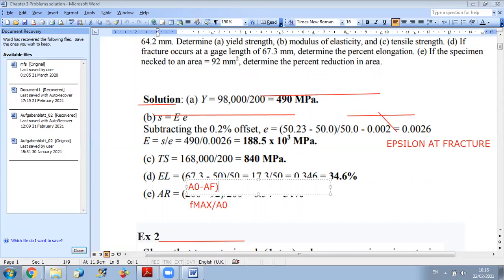And you can see that the percentage of reduction in area is much higher than the elongation percentage, because the reduction in area will not take place over the whole specimen. It will only, at the end, in the necking part, have a dramatic decrease in area. This is why the percentage of area reduction will be higher than the percent of elongation.